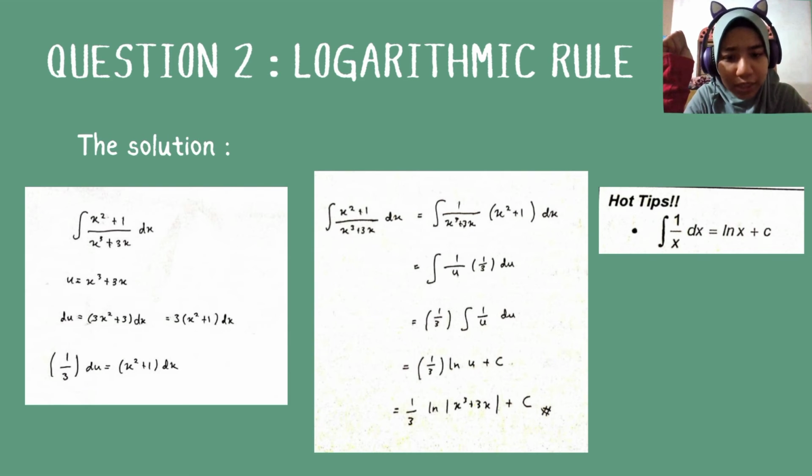So the final answer is 1 per 3 ln, and that u we will replace with the value that we got earlier. So the final answer is 1 per 3 ln x power of 3 plus 3x plus c. We cannot forget the plus c.